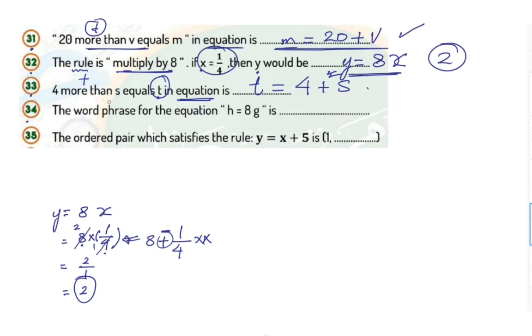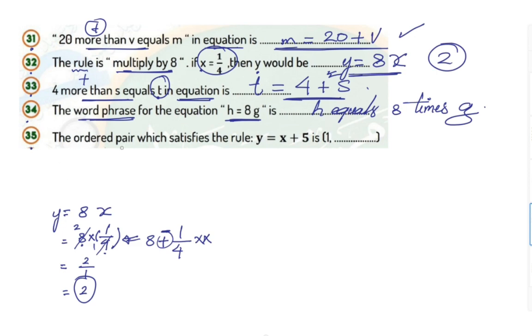Here we have the equation and I need to turn it into a word phrase. h equals 8g means h equals 8 times g.